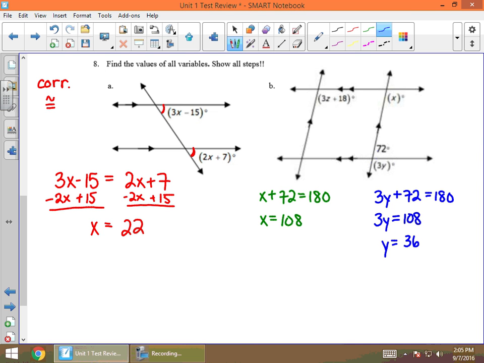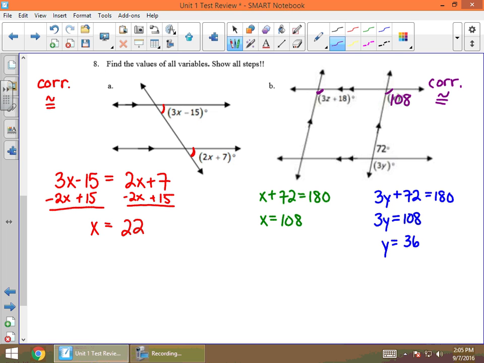And the last one, to find z. Well, in order to find z, I need something that I can pair up with this angle. And actually, this angle here and this one, I know from my first part, we said x is 108. I'll make that a 108. And these two types of angles, if you look at your 2 parallel lines cut by a transversal, these are corresponding angles. And we know that corresponding angles are congruent.